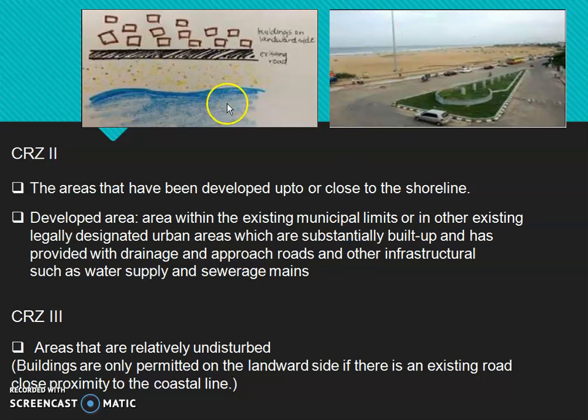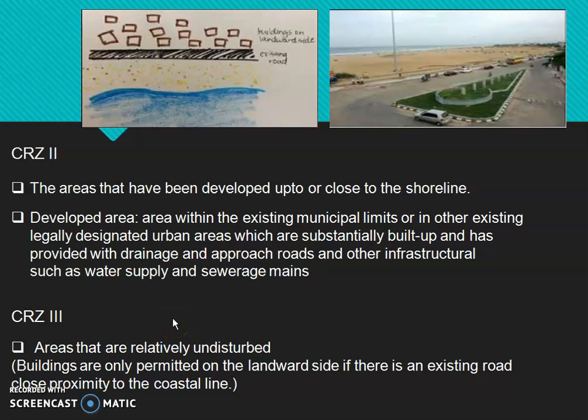See here, this is the water portion, and this is the shore, the sand portion. When there is an existing road, as shown in the picture, like our Marina Beach, here the existing road is. Buildings are permitted on the landward side, which should have proper drainage and an approach road and other infrastructural facilities like water supply, sewerage mains, etc.